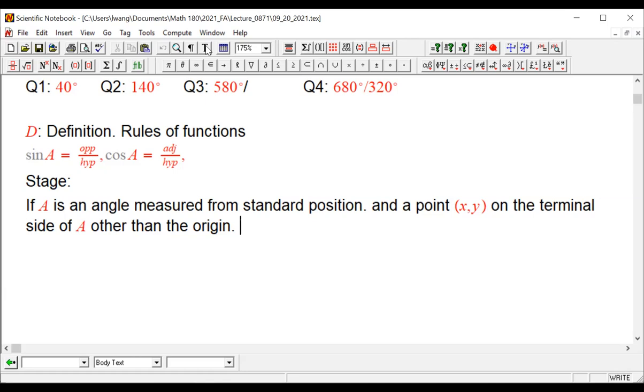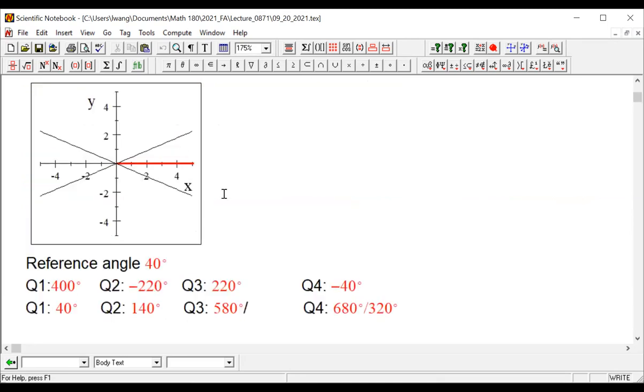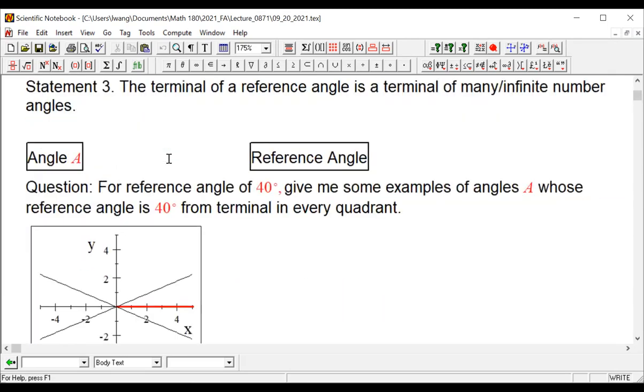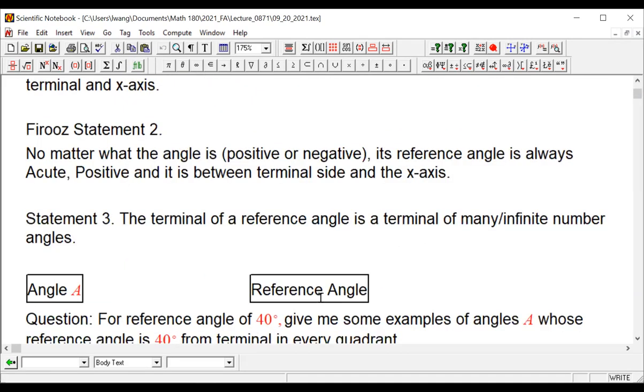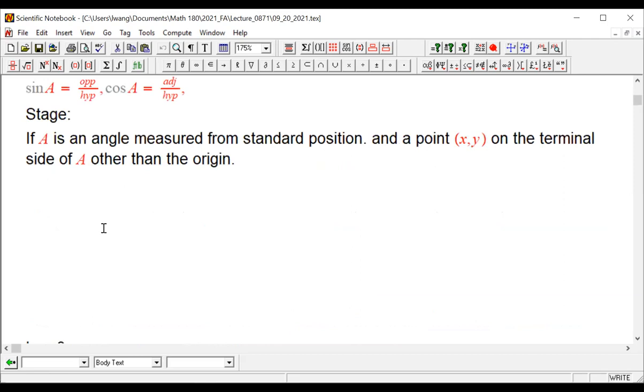This sentence, okay, we have more to come. This sentence is referring to what?